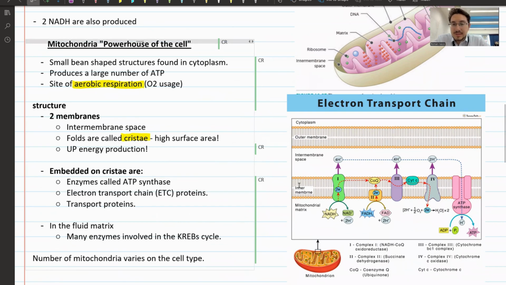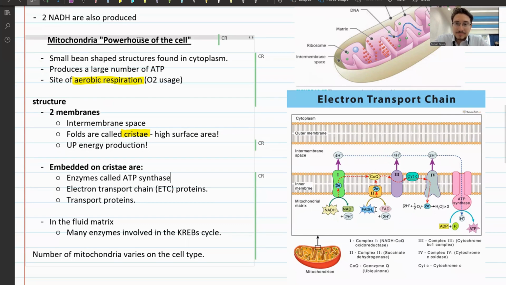What happens here is that you have a chain of passing of electrons from one protein complex to another, ultimately to pump hydrogens to pass through this ATP synthase. As hydrogens pass through this little channel protein, it produces ATP. Now you do not need to know this level of detail, but I want you to know the schematics of what's happening.